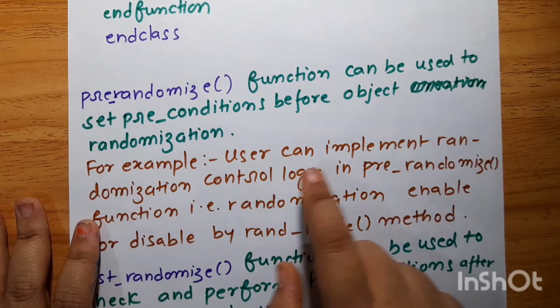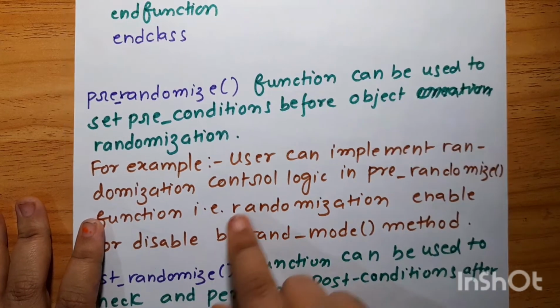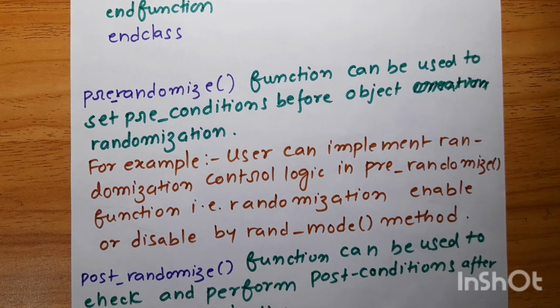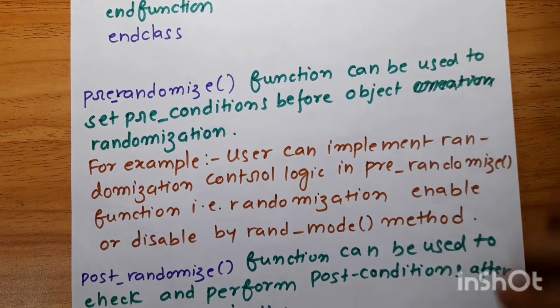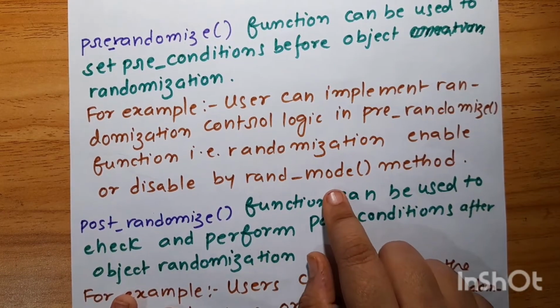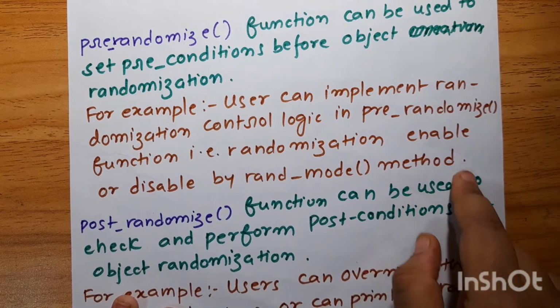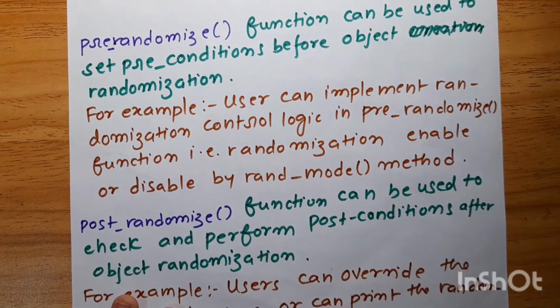For example, the user can implement randomization control logic in the pre-randomize function. How are we going to implement the randomization control logic? For that we have a method available in SystemVerilog, that is rand_mode(). This rand_mode method is there to enable or disable the randomization of a particular rand or randc variable.